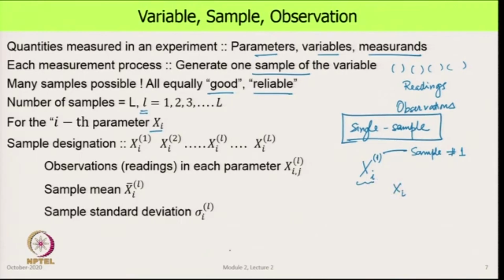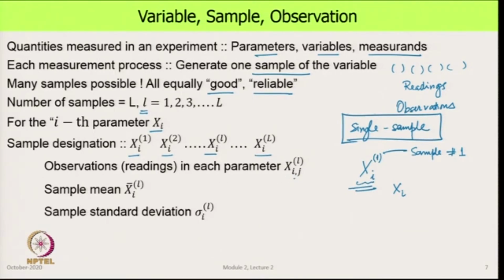So, x I was some quantity you are measuring, say pressure, and you took 10 measurements of the pressure. Those 10 readings are the readings of this sample. Like this we have many samples coming in, L number of samples.